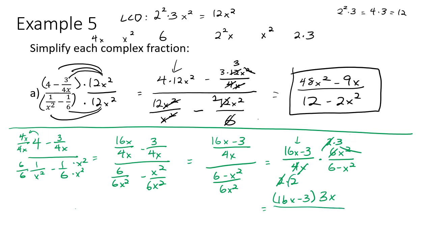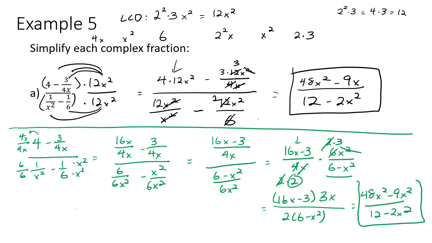And in the denominator, we've just got 2 times 6 minus x squared. And if you distributed both that numerator and denominator, it would take you right back to the 48x squared minus 9x over 12 minus 2x squared that we got as the solution to the previous problem.